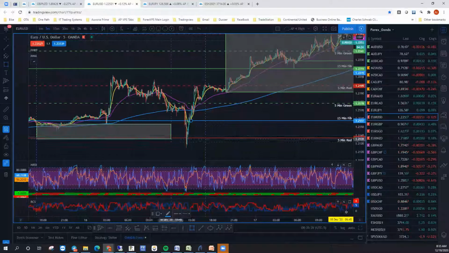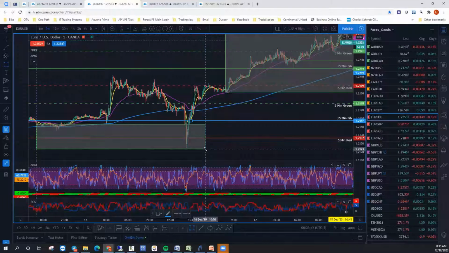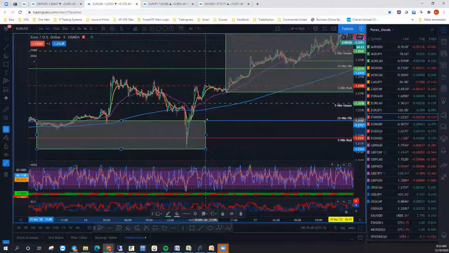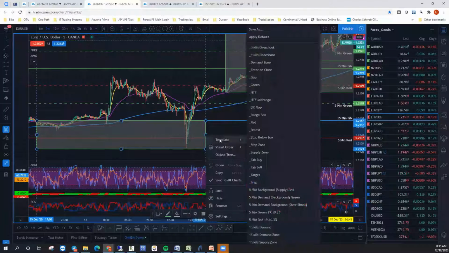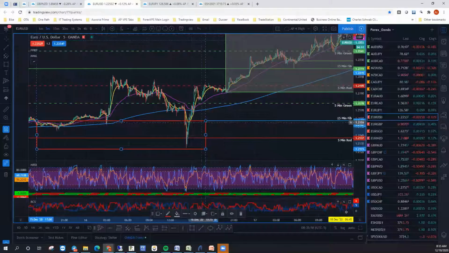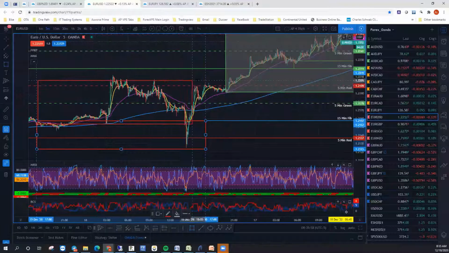Opened up from where it opened, this is the red zone of yesterday. And from here to the high, this would be how the candle closed out green.